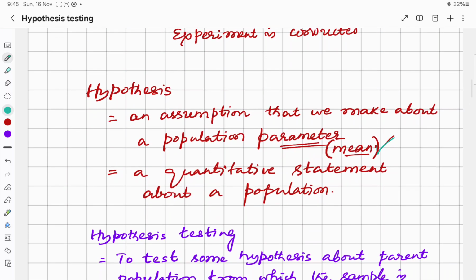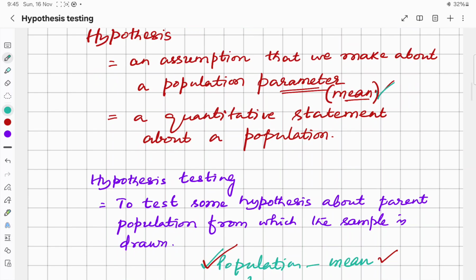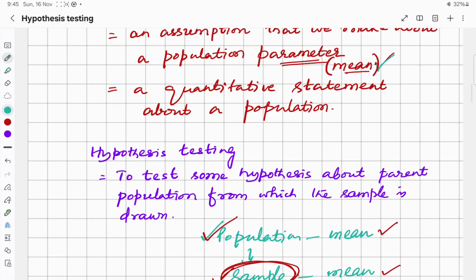So hypothesis is nothing but an assumption that we make about a population parameter, say mean, a quantitative statement about a population, and to test some hypothesis about parent population from which the sample is drawn is called hypothesis testing.